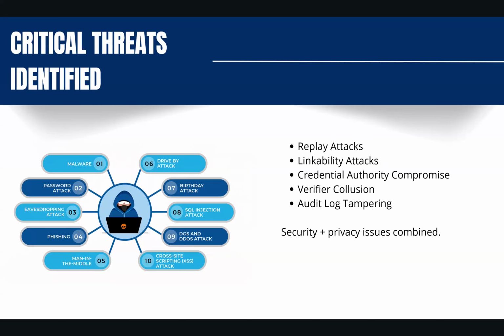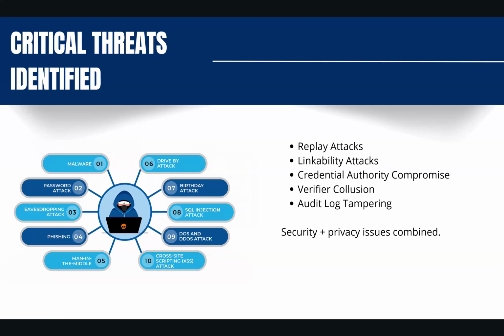Now from our threat modeling, we identify five major risks. First, replay attacks, where old messages are reused. Second, linkability attacks, which try to correlate multiple flights to the same operator. Third, a compromised credential authority.